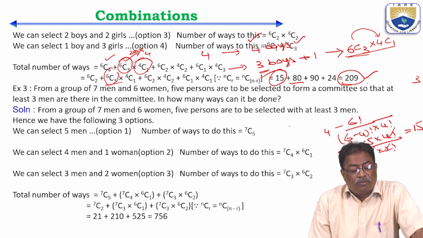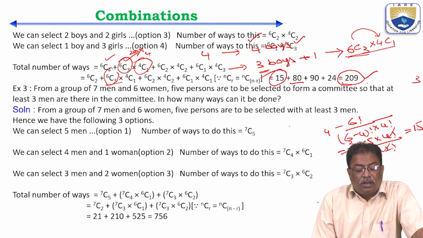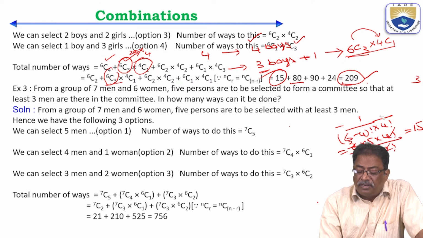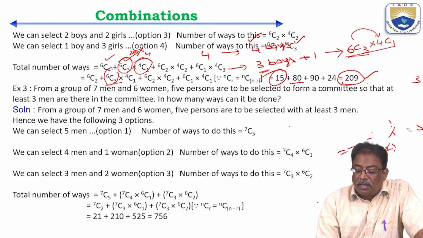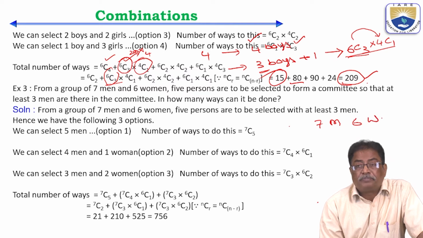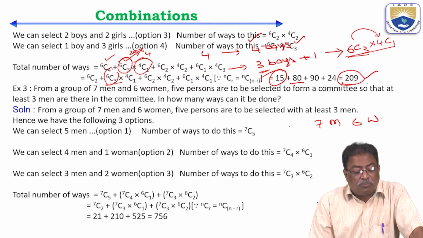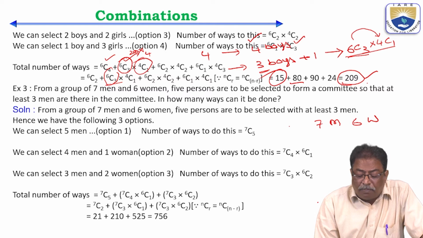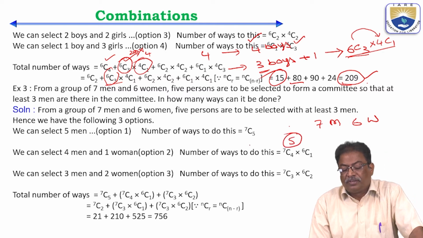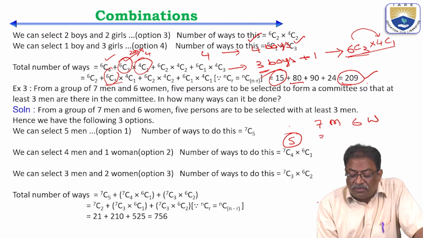A group from 7 men and 6 women, which is similar to the above problem. Here we have to consider 7 men and another 6 women. Now 5 persons have to be selected, with at least 3 men.